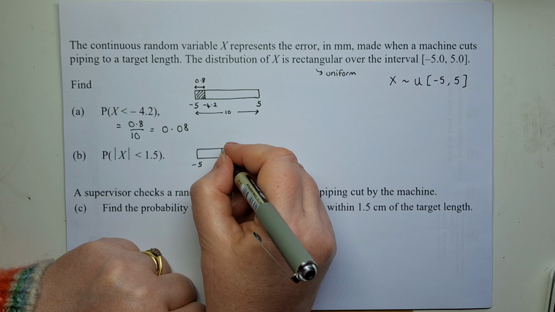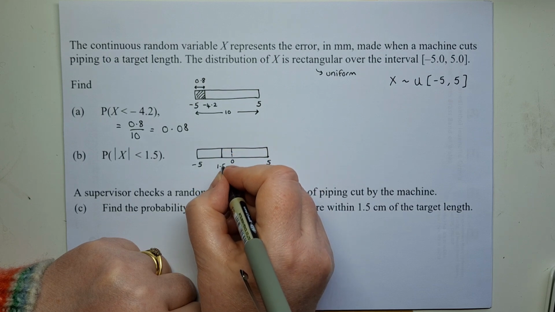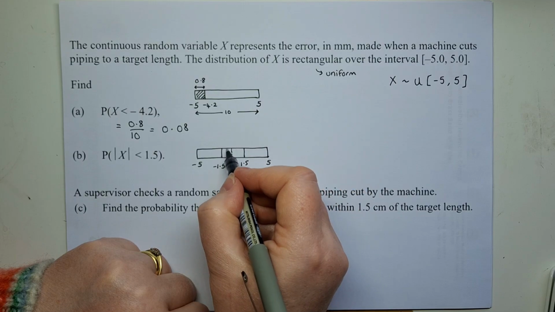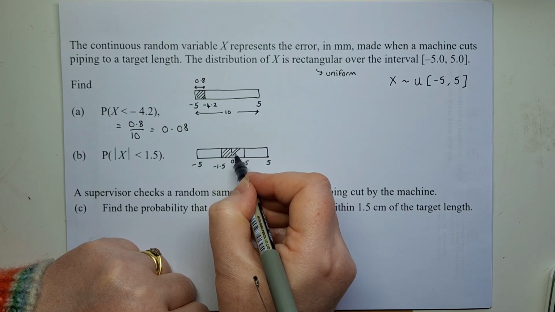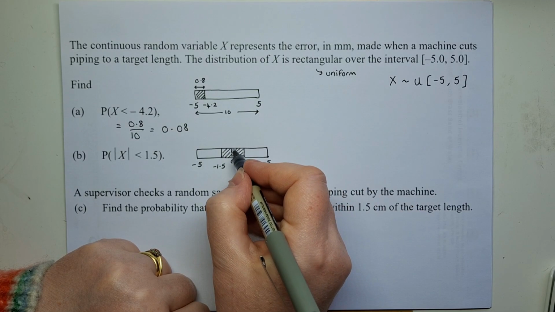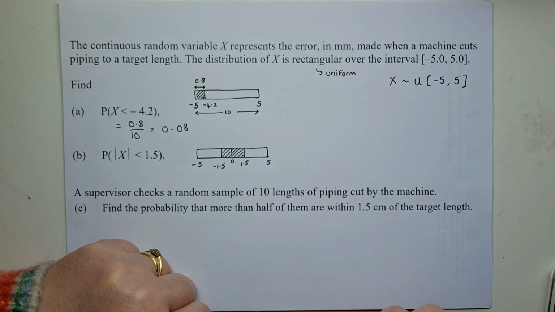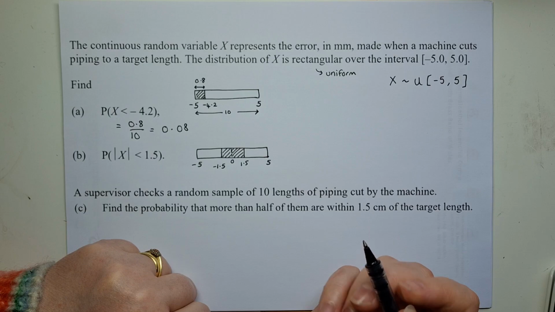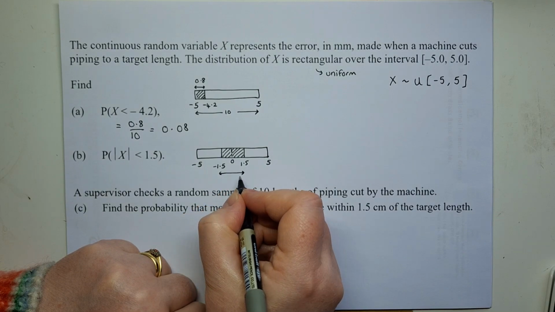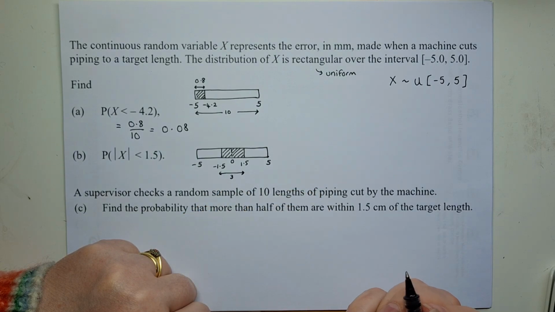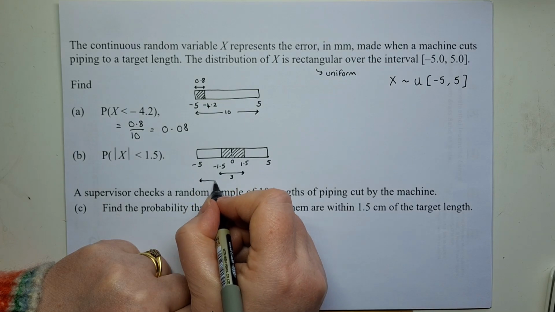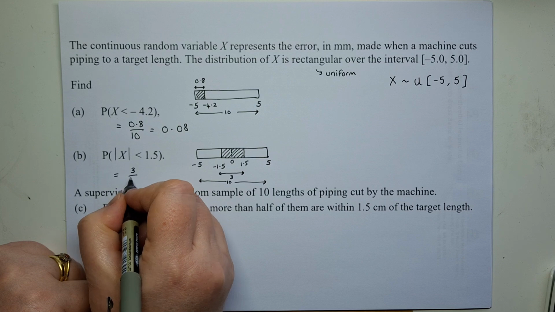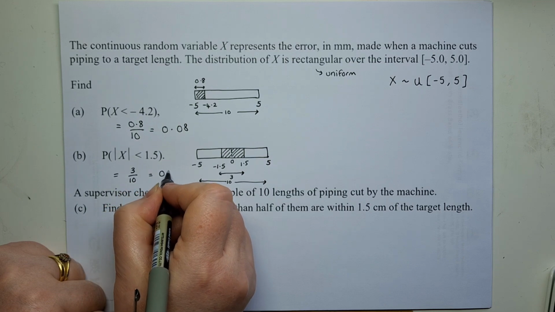What this question is saying is what's the probability we are less than 1.5 away from the target. So anywhere between -1.5 to +1.5, because that's what the modulus symbol is telling us. So once we've drawn our rectangle and we've identified what the question is, we can just do the same idea. What's this length? And that would be a length of 3 out of a total length of 10. So my probability would be 3 out of 10. Obviously I could put 0.3.